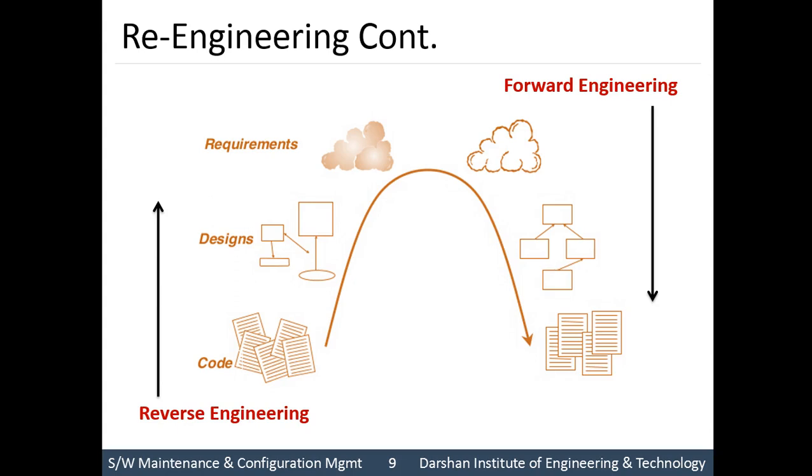With those requirements we apply the new design concept, and based on the requirements or specification and new designs, the code is rewritten in the latest technology, and the final version of the same software with the new technology and new requirements comes into existence. So by using reverse engineering and forward engineering, re-engineering gives us the final and latest version of the existing software.